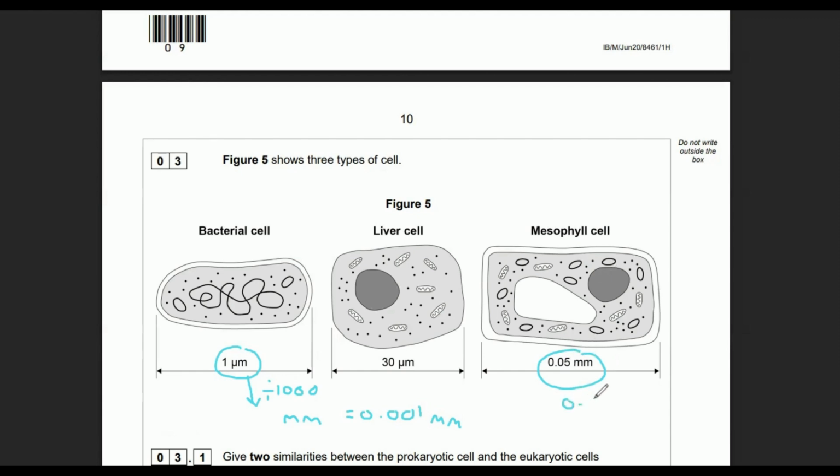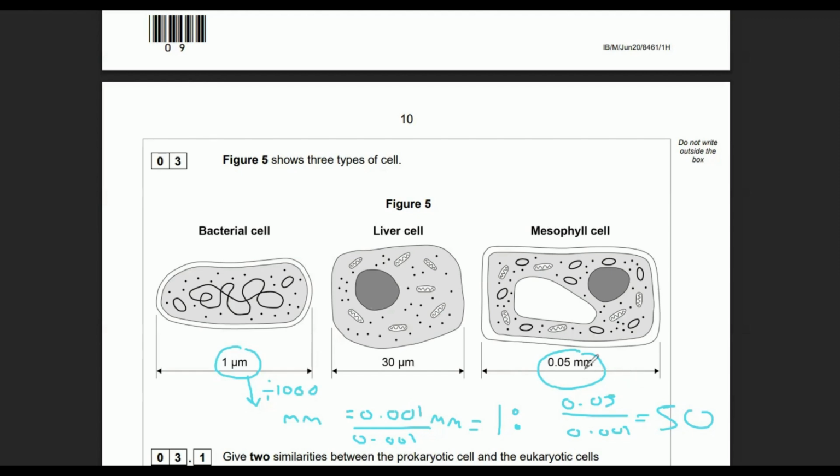Well, I'm going to do 0.05 divided by 0.001. Or just divide them both by 0.001, and that's going to give me 1 here in my ratio. And what's that? 50? Let's check it out. 0.05 divided by 0.001 equals 50. So the answer of the ratio question is it's 1 to 50. So the mesophyll cell is 50 times bigger than the bacterial cell.